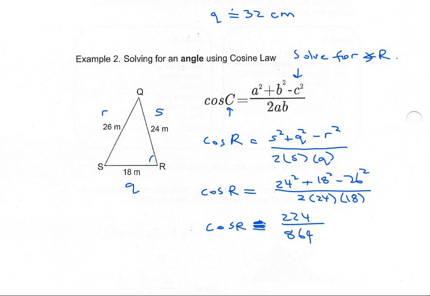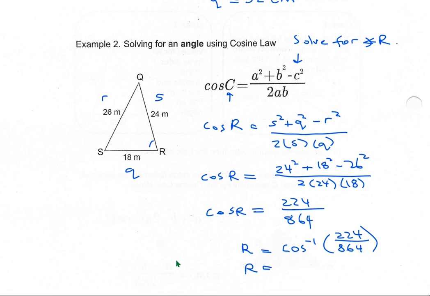Okay, so once again, we have an angle that we don't know and we want to find out. We know the cosine of it, but we don't know the angle. So when we know the cosine and we don't know the angle, then to get the angle out of there, we have to undo the cosine. Undo the cosine means use the cosine inverse button on your calculator. So you take the value of the cosine and then you inverse cosine so that you can get the angle back.